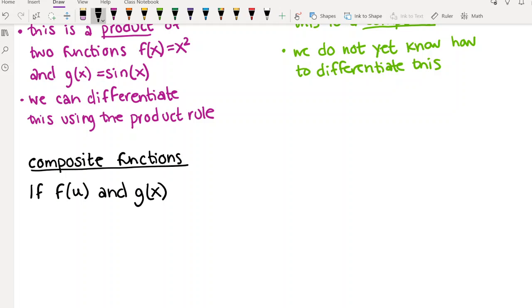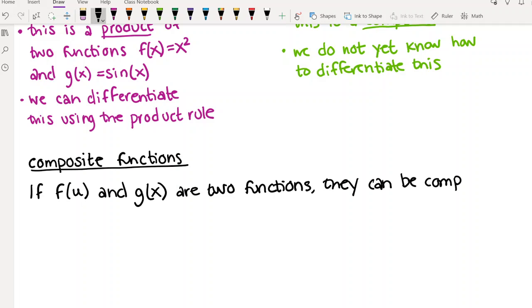So if f of u and g of x are two functions, let me say it this way, they can be composed to create a new function.